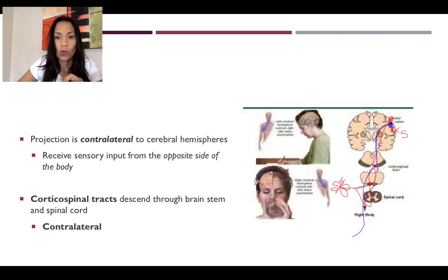So your right side controls the movement of your left body. As we can see here, she is writing with her right hand, and that movement is controlled by her left cerebral hemisphere. So sensory and motor information both cross.